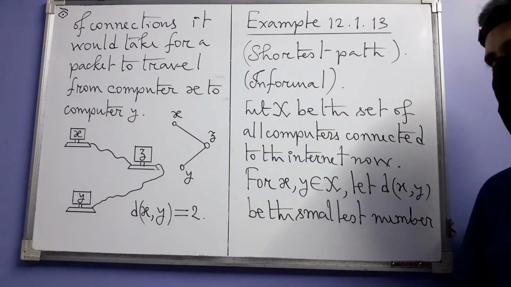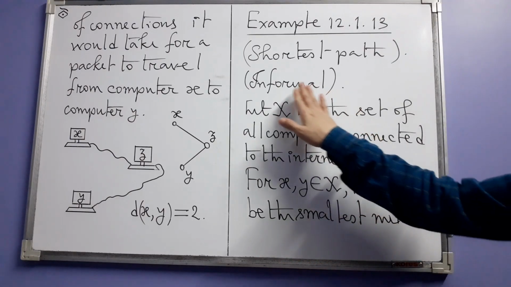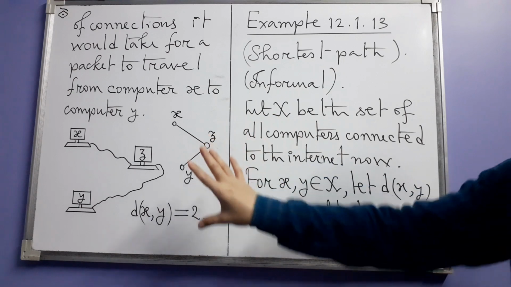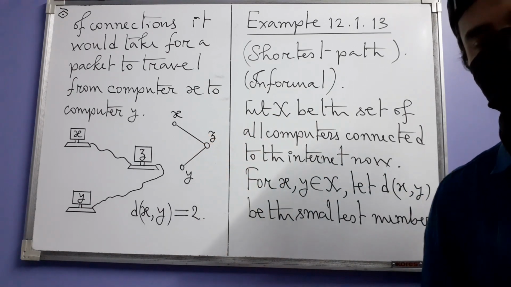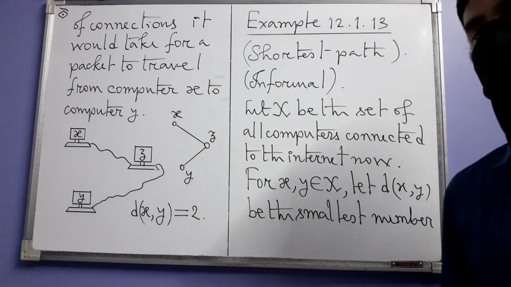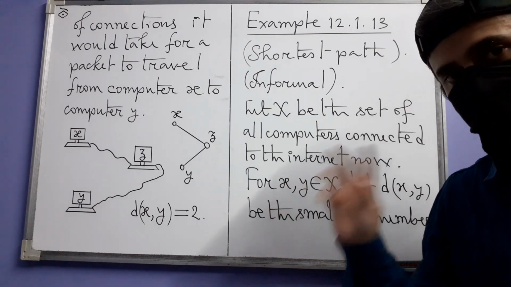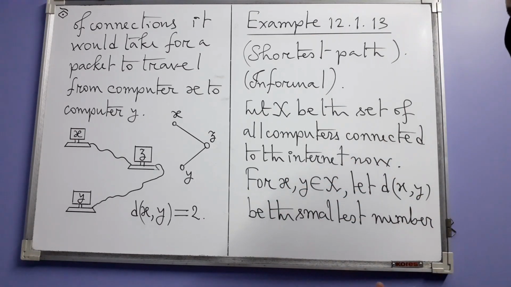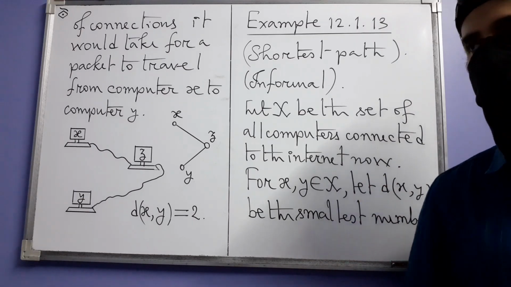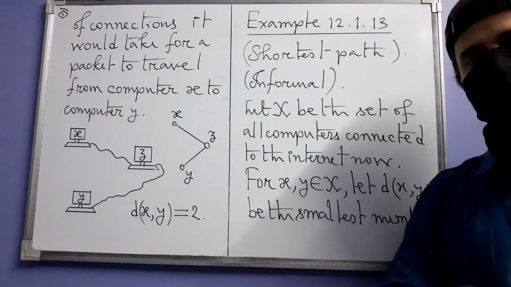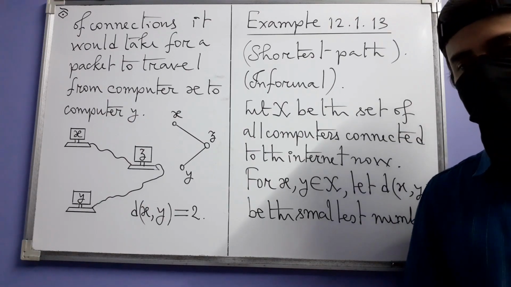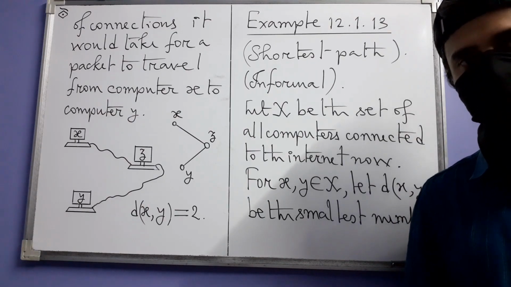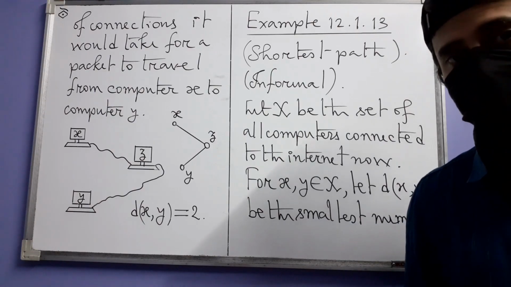And it turns out that the set of all computers, or in general the set of vertices in a graph, becomes a metric space with respect to this metric. So it's just the last example of metric spaces for now. Now that we have gathered some examples of metric spaces, we can go back to the point where we can start mathematics again.